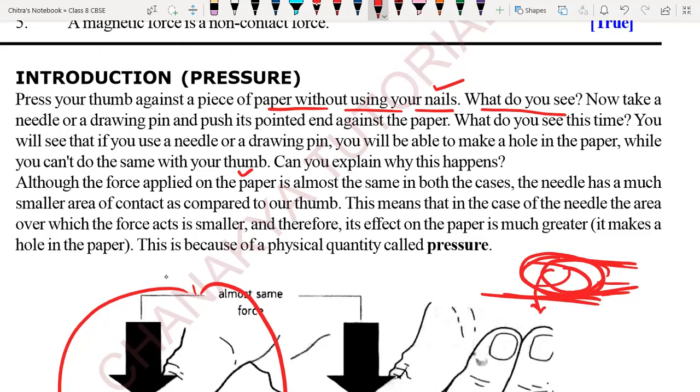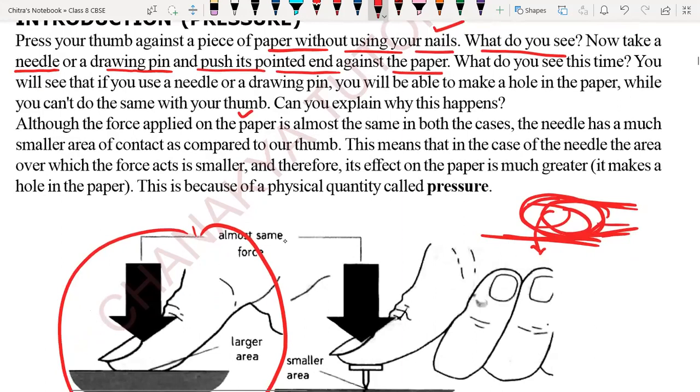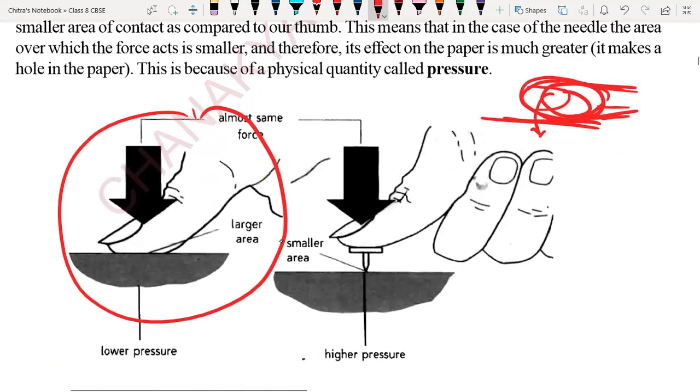Now take a needle. Next example: take a needle or drawing pin and push it, pointed end, against the paper. The second picture, that one. Now we are applying pressure through the thumb, but with the help of that pin, so that pin is going to insert inside the paper.